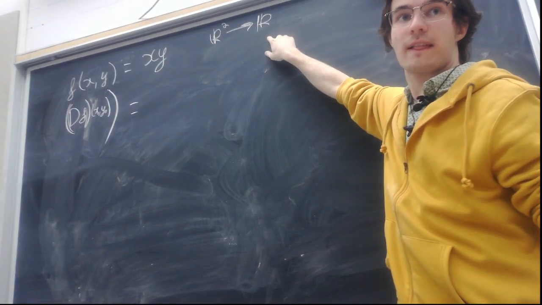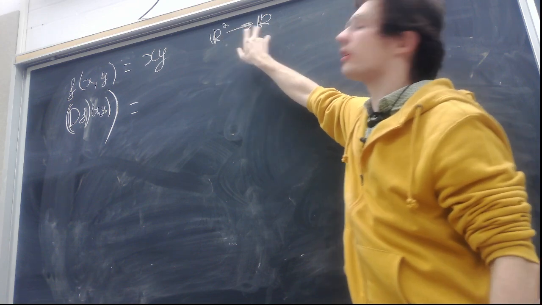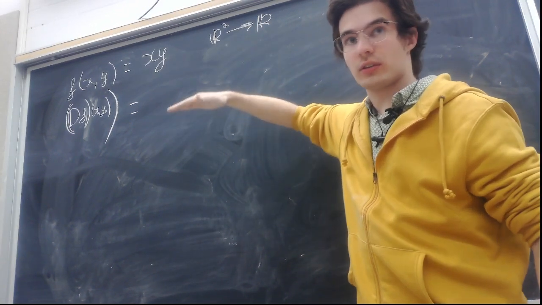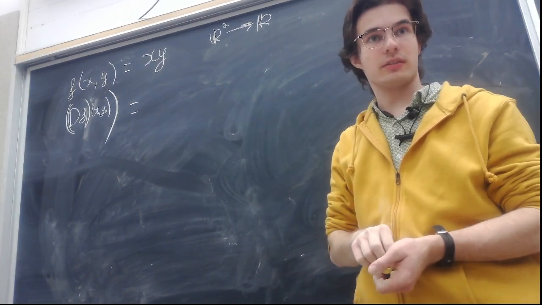Yes, it's 1 row, because the row is the output, and you have only one dimension for output. This is a function from R2 to R, so there's only one row.